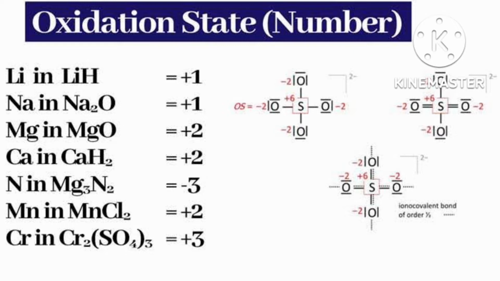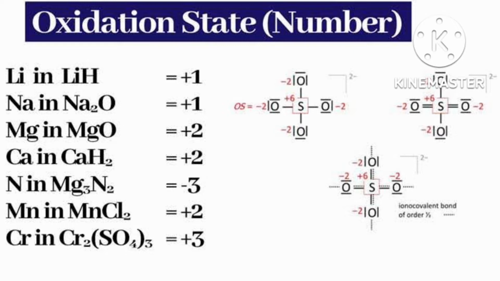Particularly you can think, as you go across the period from group 1 to 18, metals generally show positive values, meaning they have the characteristic of losing electrons. That's why it is shown as a plus.